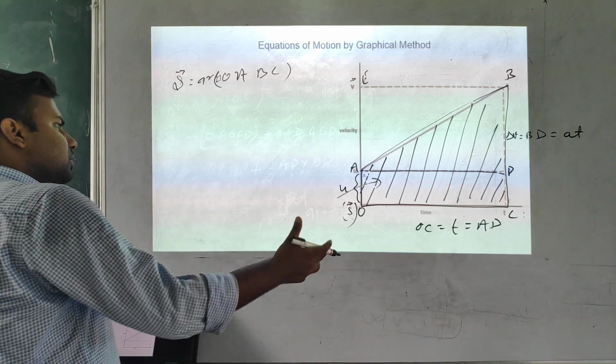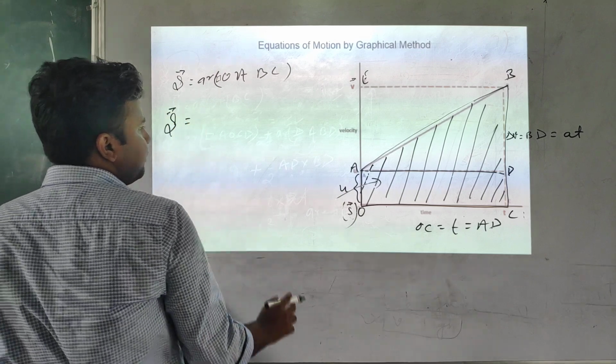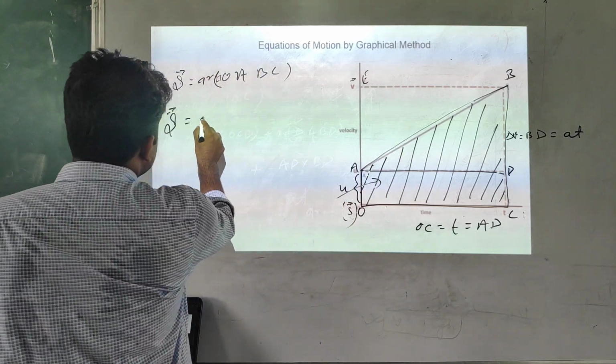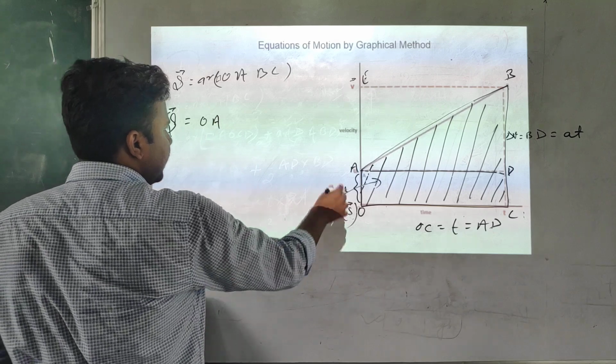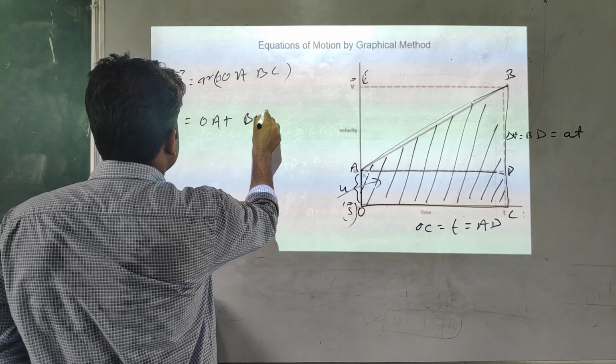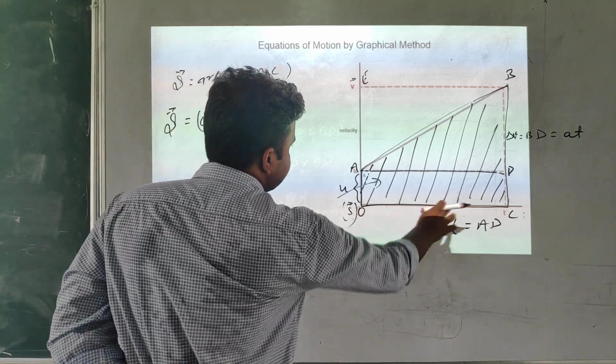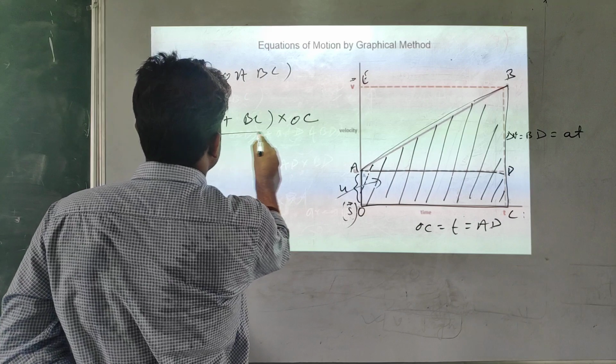We know the formula also. The displacement equals OA plus BC, into OC, divided by 2.